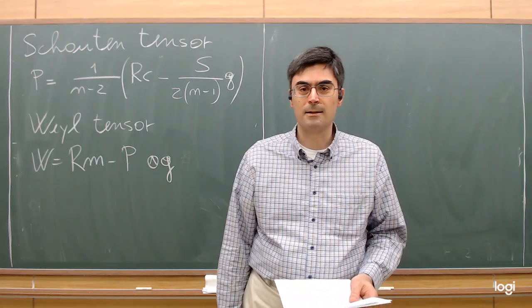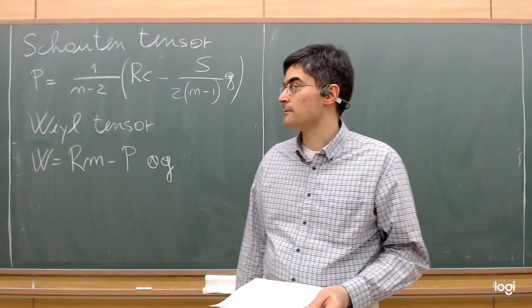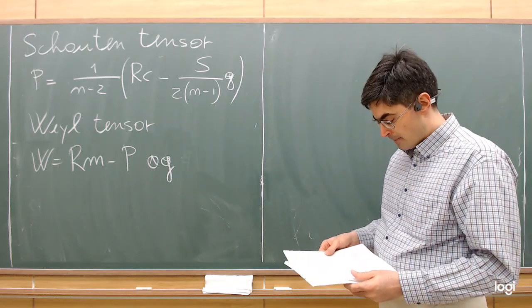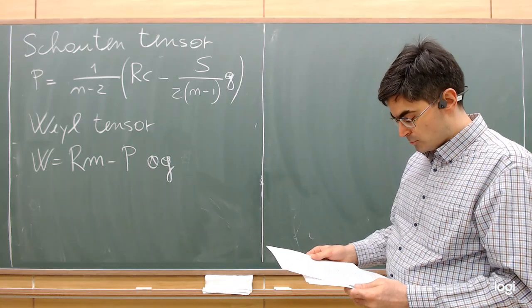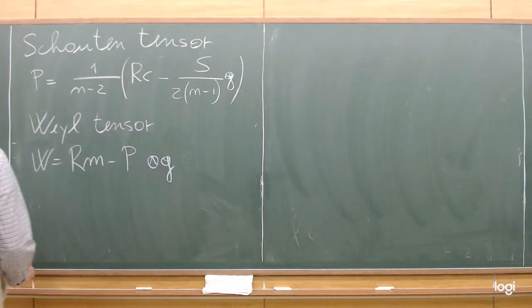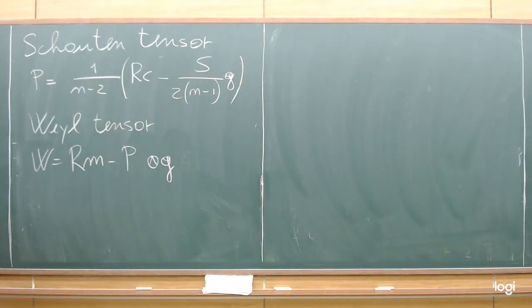Last time I introduced the definition of Schouten tensor and Weil tensor. Today I want to show how these two tensors change if we make a conformal change of the metric.